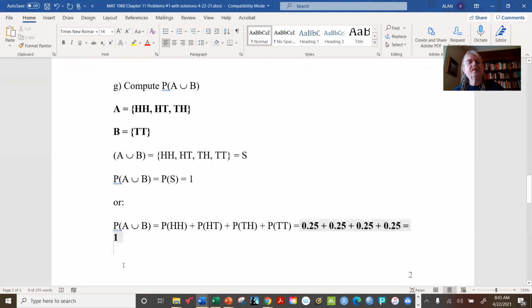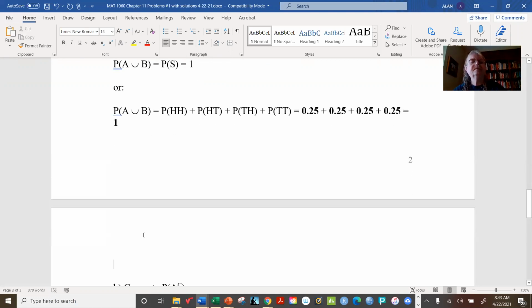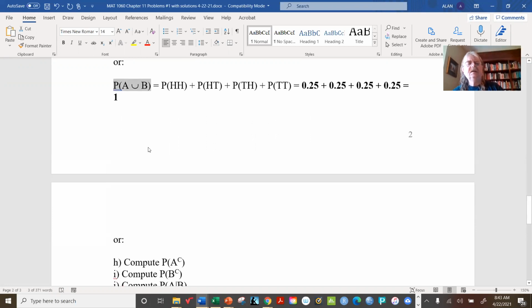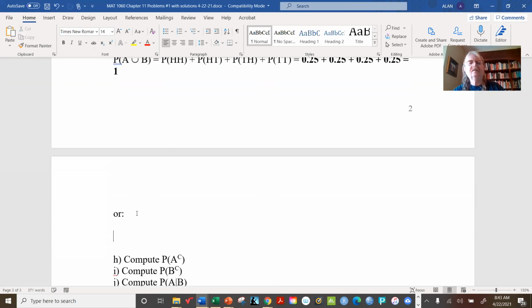And there's still yet another possibility. We could also just say, well, listen, how many elements are in this union? The number of elements in the union, which is 4, divided by the size of the sample space, which is 4.